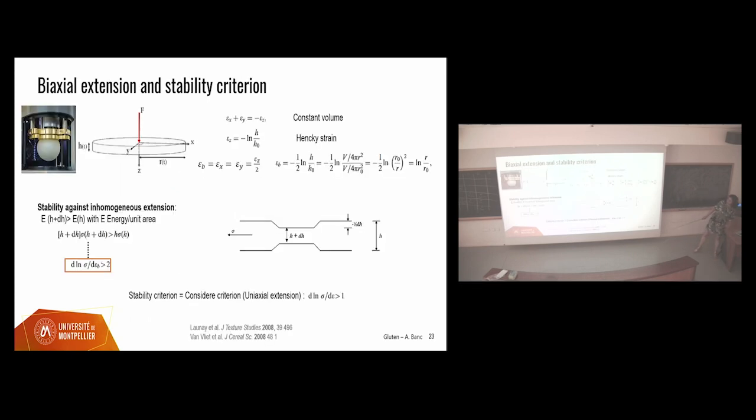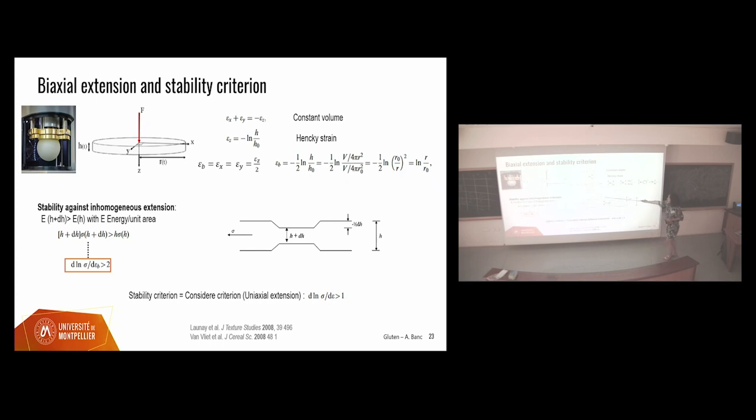And generally, people perform this kind of test to model what is happening when there's a growth of the bubble, there's a decrease of the thickness of the walls, and they want to know if the material is able to prevent an inhomogeneous extension of the film.